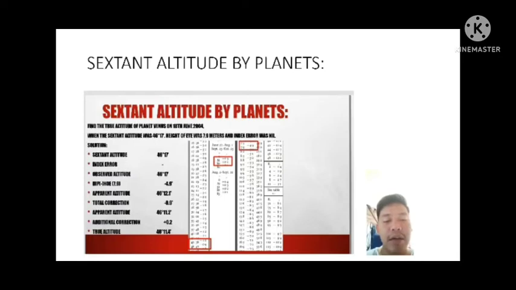We subtract the two, so the apparent altitude is 46 degrees 12.1 minutes. The total correction was negative 0.9 minutes, and subtracting the two, the answer is 46 degrees 11.2 minutes. The additional correction is positive 0.2, so we add the two, and the true altitude was 46 degrees 11.4 minutes.